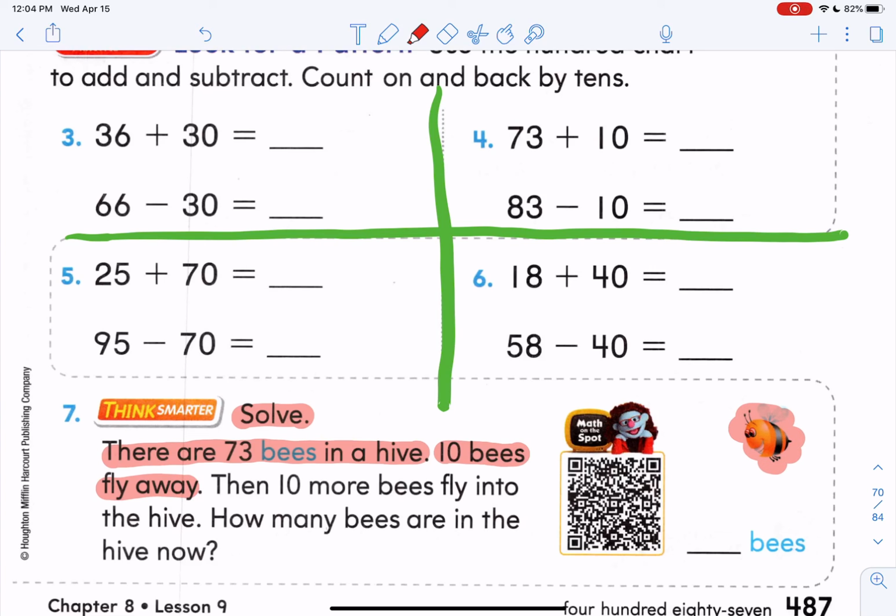So are we adding or subtracting if the bees fly away? Then it says 10 more bees fly into the hive. How many bees are in the hive now? Ooh, they're trying to trick you. But I'll put the link for the math on the spot video, and you can try it on your own, or you can watch the video and find out.